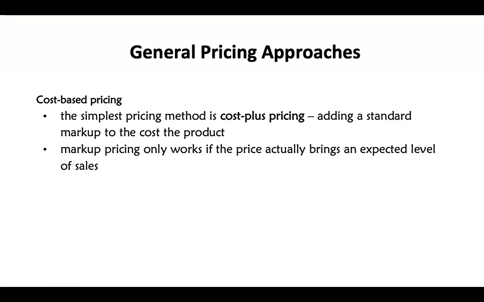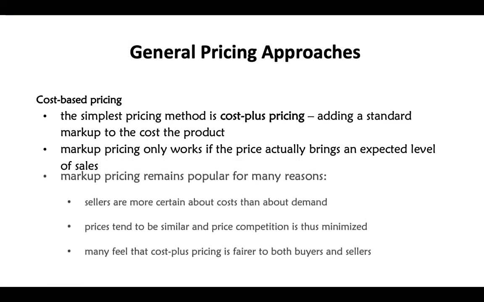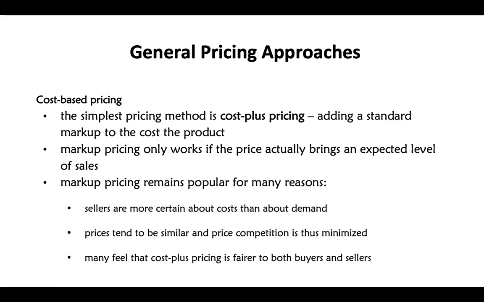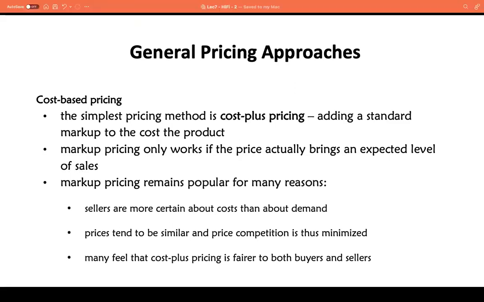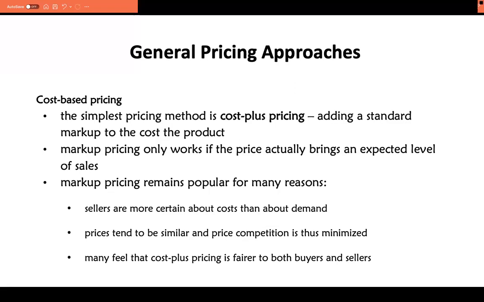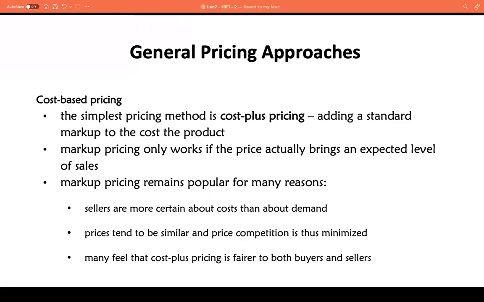Okay, so this primarily considers all the internal factors of the business. As I have mentioned, those factors I mentioned earlier, like the production costs or overhead expenses, or your desired profit margins.